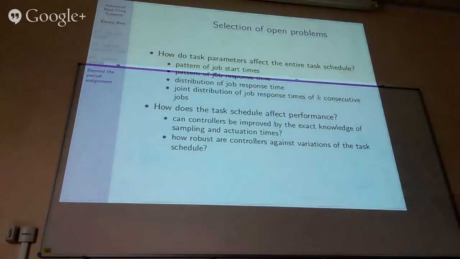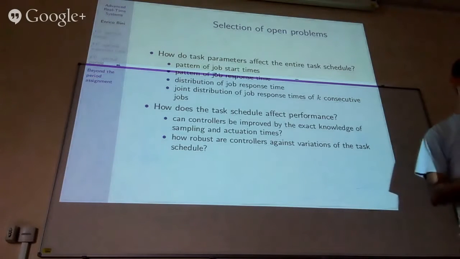If sensing occurs at the beginning of the job start time, it's also interesting to know what the start times are as a function of the task periods, and not just the longest start time, but the entire pattern of start times as a function of the task periods.